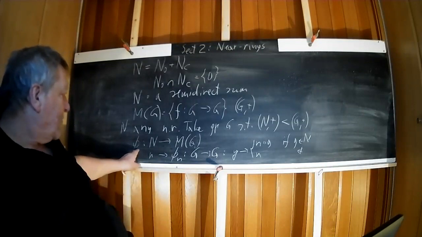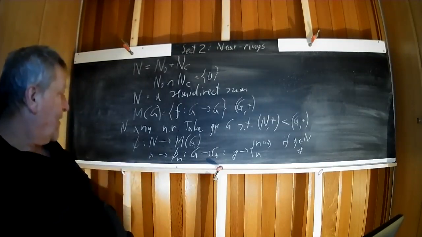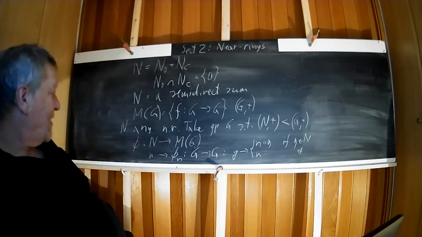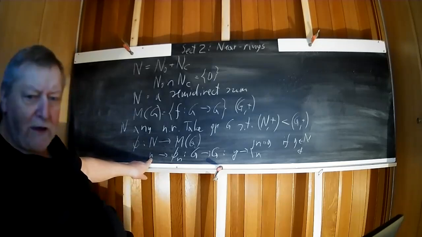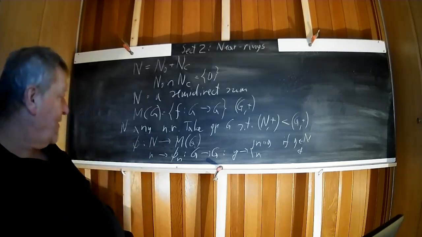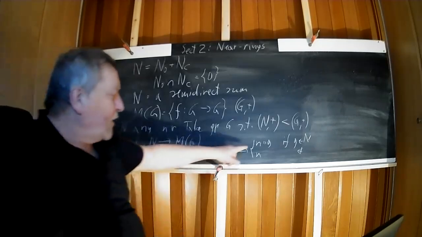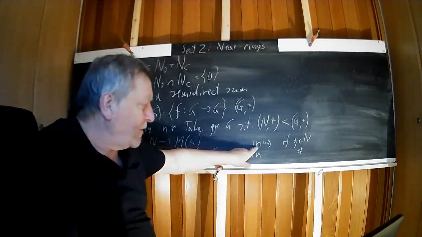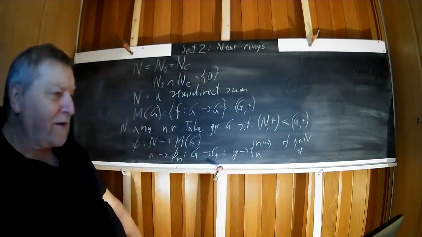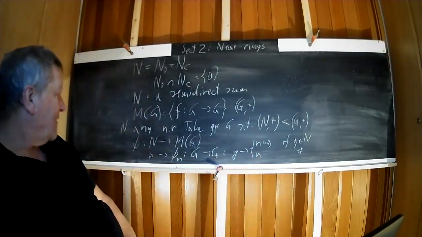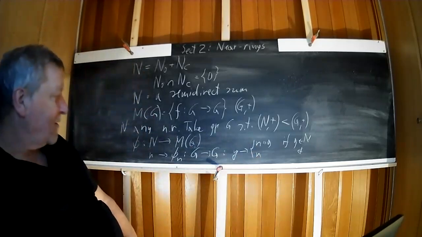And if we find out what phi has to offer, we can say if we take a sum here, n1 plus n2 instead of n, then we get n1 plus n2 here, and n1 plus n2 here. And so we see immediately that phi is an additive homomorphism.